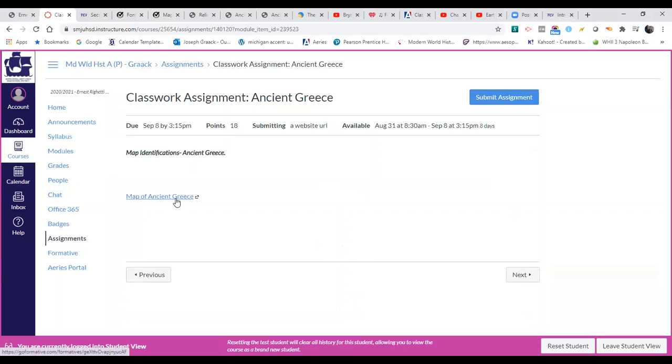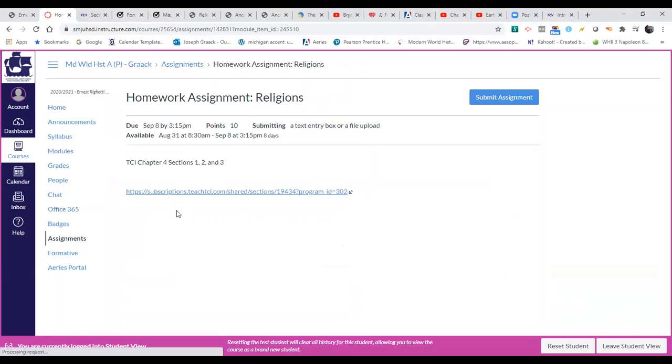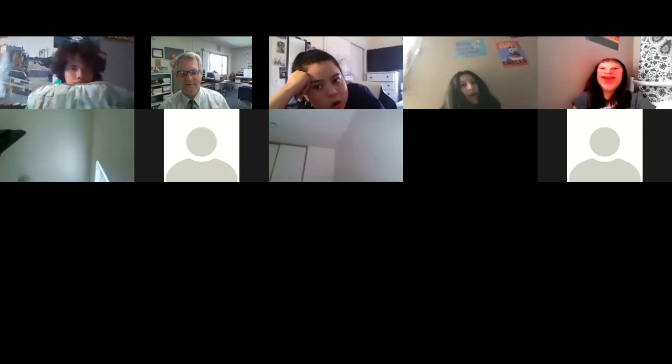So ancient Greece, the map you'll want to do right now and submit that through Go Formative. This here, if you click on this, this will be forms of government in Go Formative. And then this will be TCI here, and you'll submit that before next Tuesday. So if you have questions, you can hang on, but that's what we needed to get done today, and that's what you need to have done before next Tuesday.